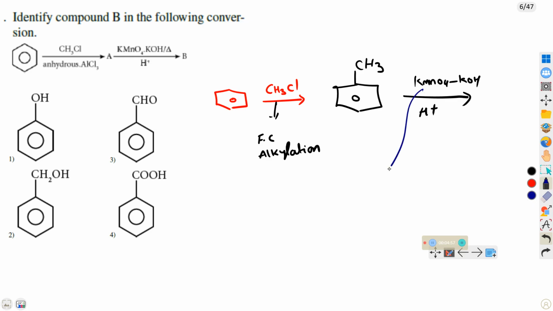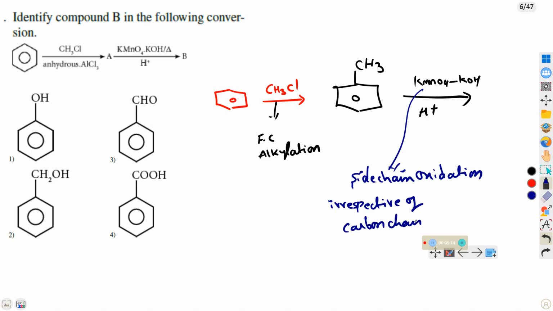What is the process name? The process name is side chain oxidation. Irrespective of carbon chain length, it takes place, and the alkyl group is converted to carboxylic acid. So the final product is benzoic acid.